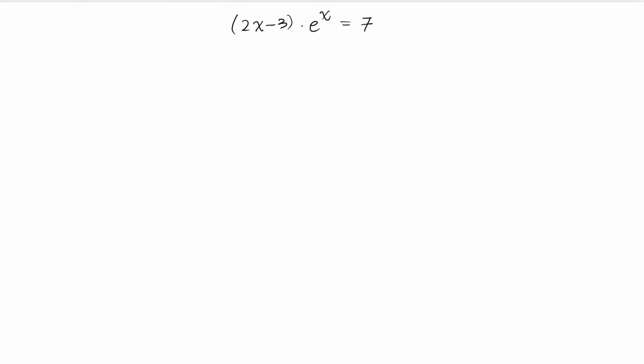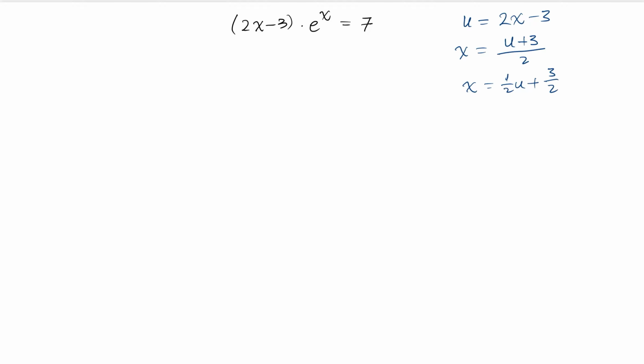So I'm going to say let u equal 2x minus 3. That means x is going to equal u plus 3 divided by 2. We can rewrite that as half u plus 3 over 2.